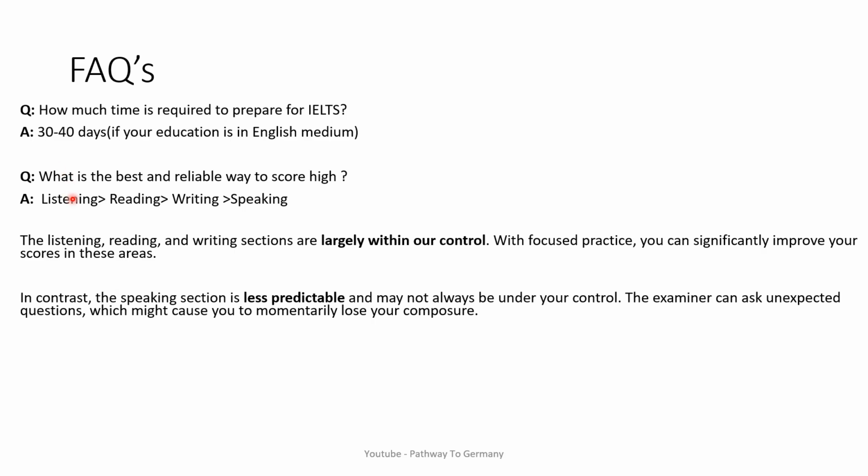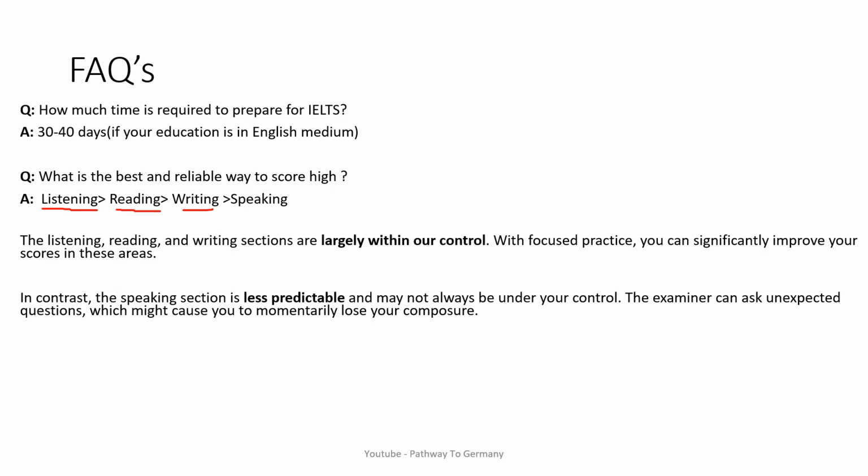And what is the best and reliable way to score high? This is the best way to attempt the examination. To score the highest possible, first always focus on the listening test, then approach the reading, and then writing. Why did I order these sections in this particular order?